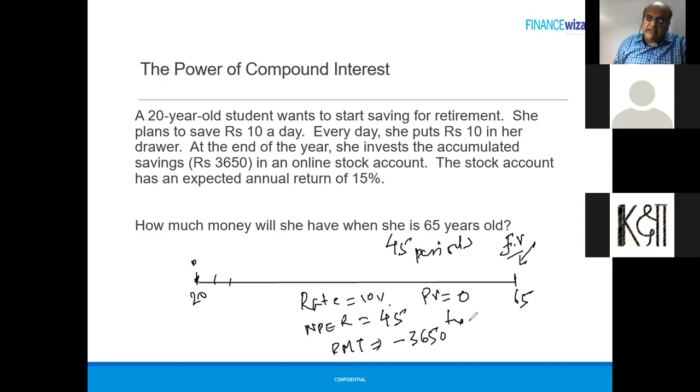And type, what will type be in this case? 1 or 0? Think about it. Because she is saving the full year and investing at the end of the year, we will take type as 0 and apply the formula. That's it.